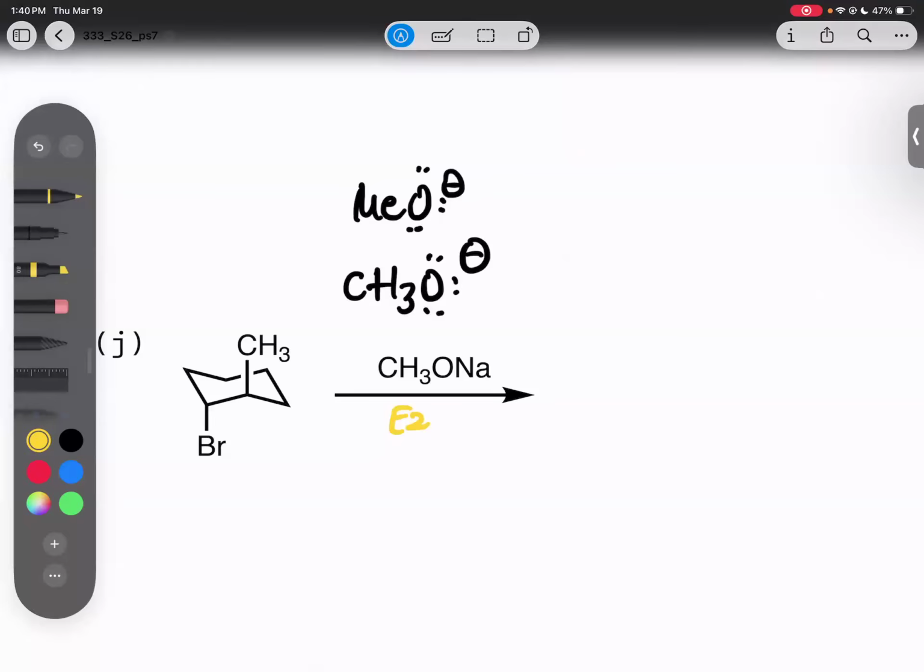When we're doing an E2 reaction, we have to think about whether our base is tert-butoxide or not, and it's methoxide in this case. So we don't have a bulky base. And that means we're going to generate which alkene, the more or the less substituted alkene? So in fact, let's draw both of those.